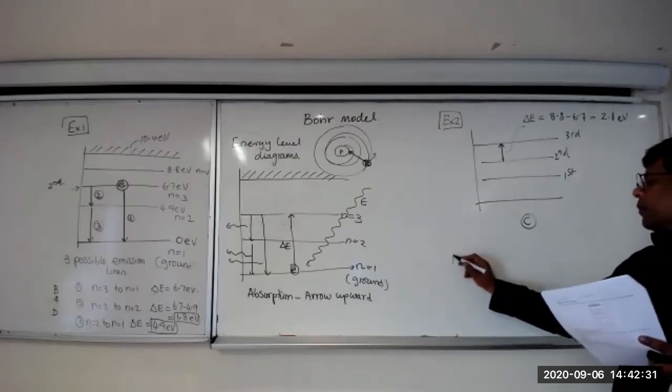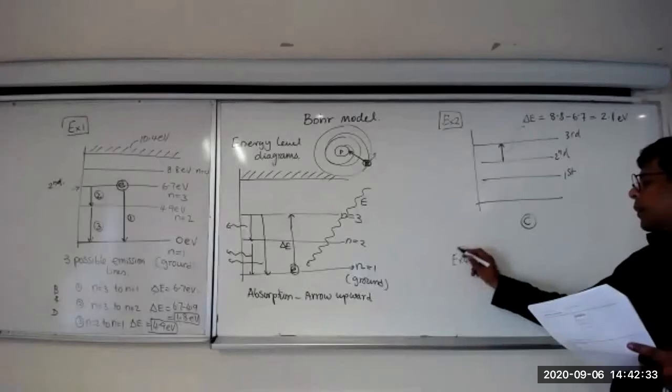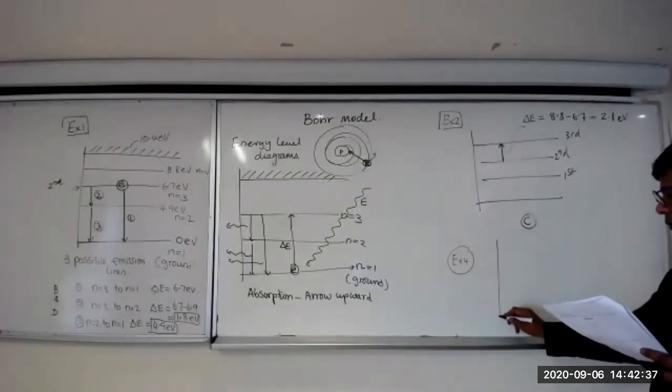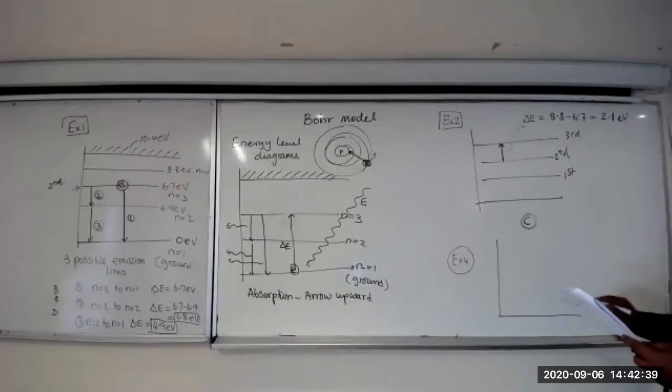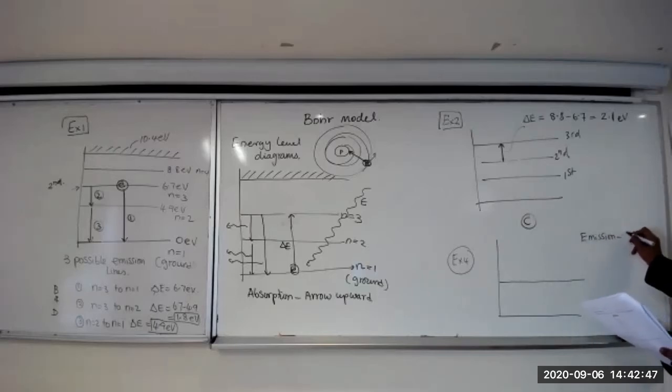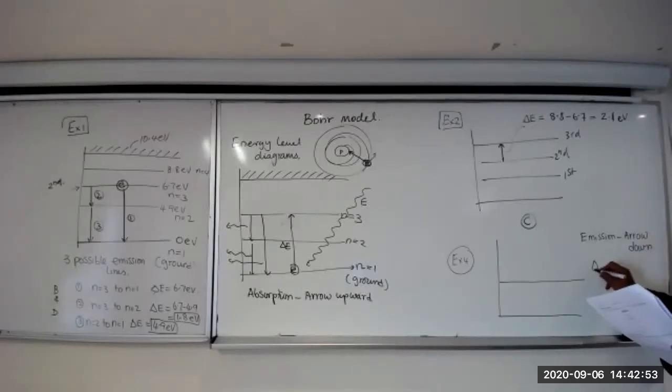Example 4. They're talking about an emission line. An emission line should be coming down, not going up. And the energy difference should match up with the value they say.